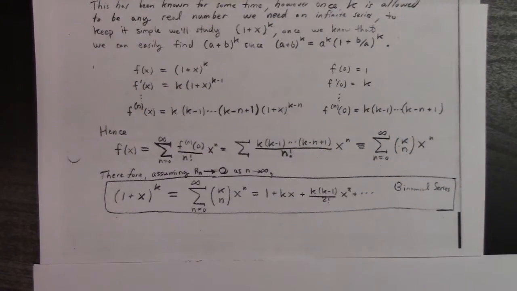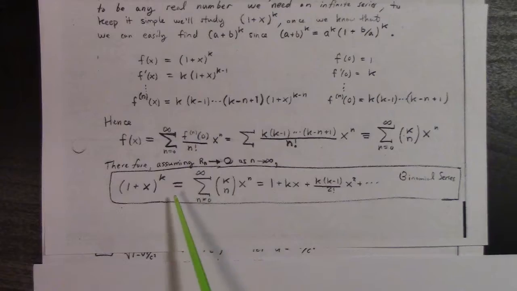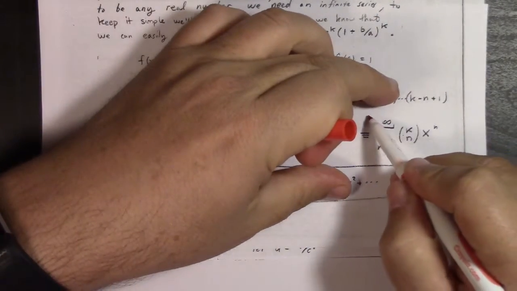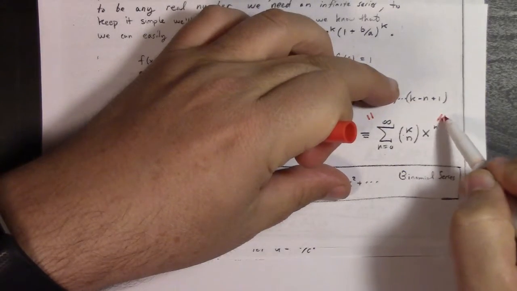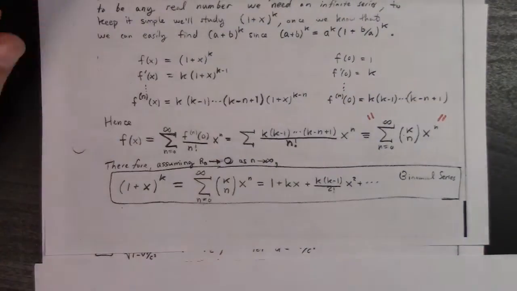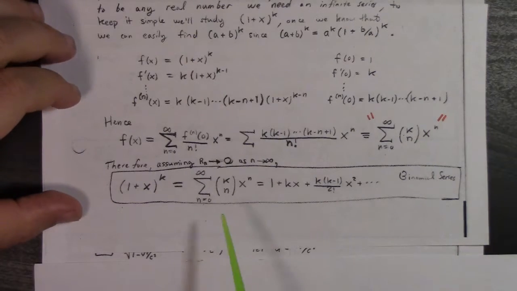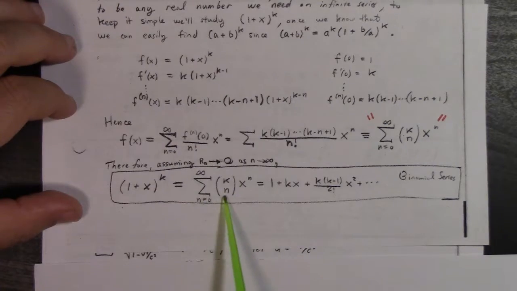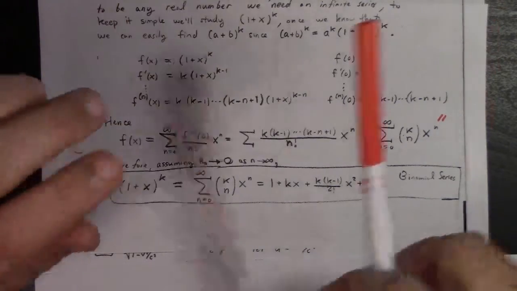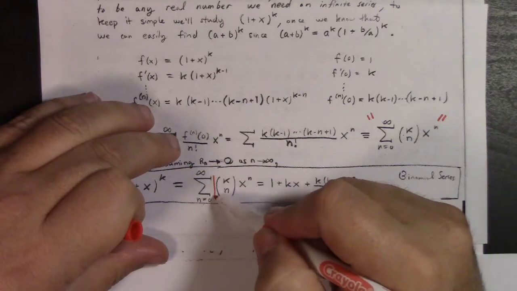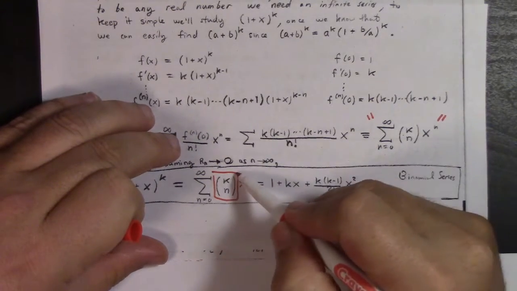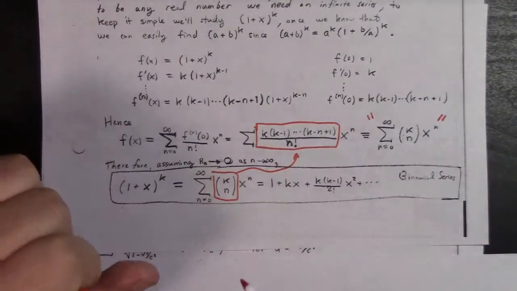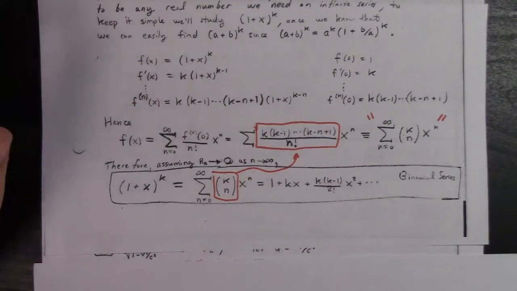So assuming that the remainder goes to 0 anyway, to be a little bit guarded here, I'll put some quotes around that. Anyway, so 1 plus x to the k is this, with the understanding that when I say that, I really mean that this is that, to be clear, when k is not a whole number.